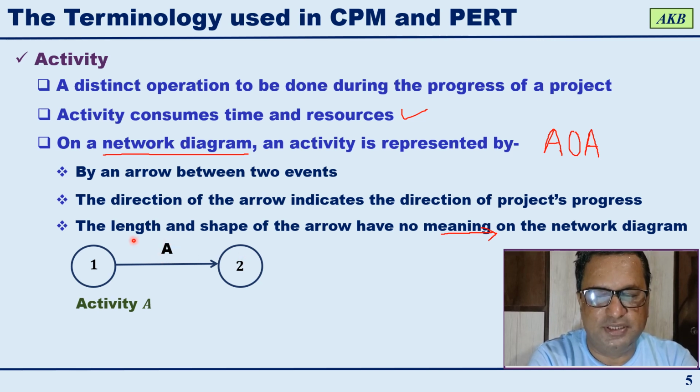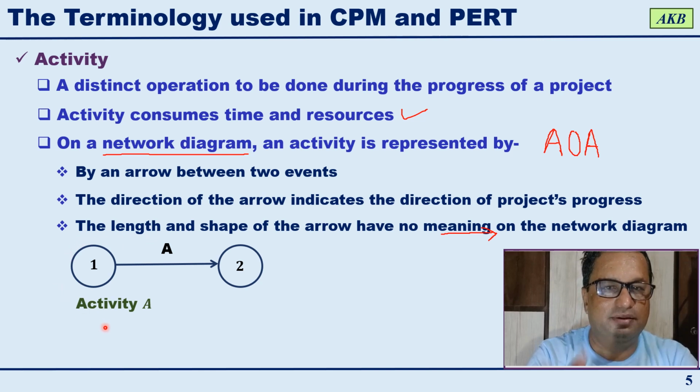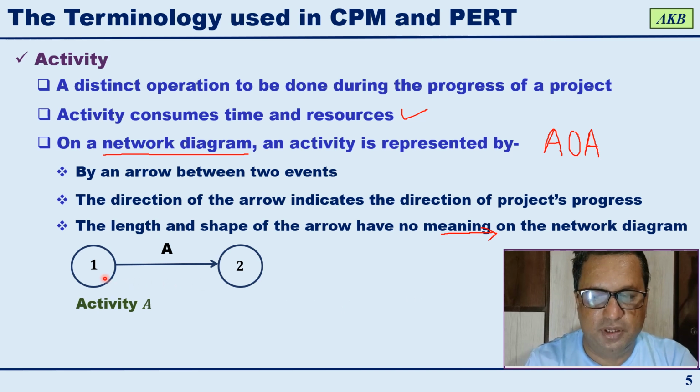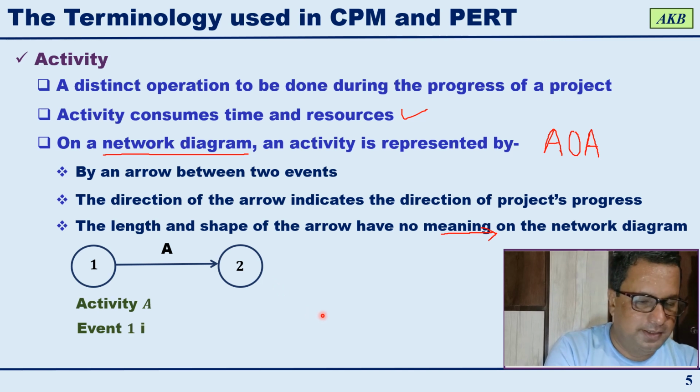So for example, in this simple diagram, again I'm repeating the same example so that you understand the concept. You have event 1, you have event 2, and between these two events you have an arrow representing activity A. Again I'm saying event 1 is the start event, or activity A starts at this event and activity A ends at this event. Okay?